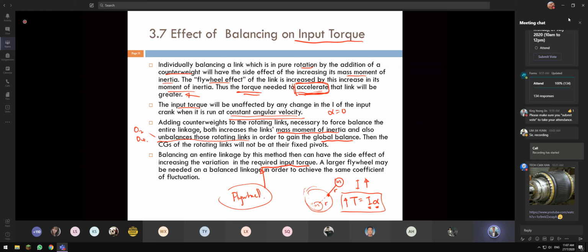The problem now is that when we add in the balancing mass, the variation of the torque will become much higher. This will lead to a larger flywheel being needed to balance the linkage in order to achieve the same coefficient of fluctuation.